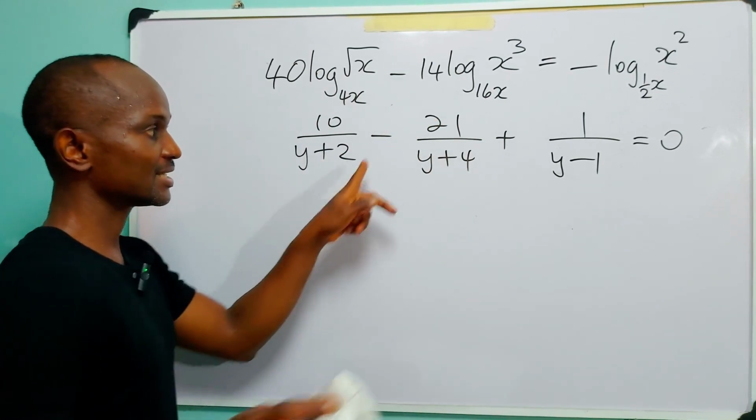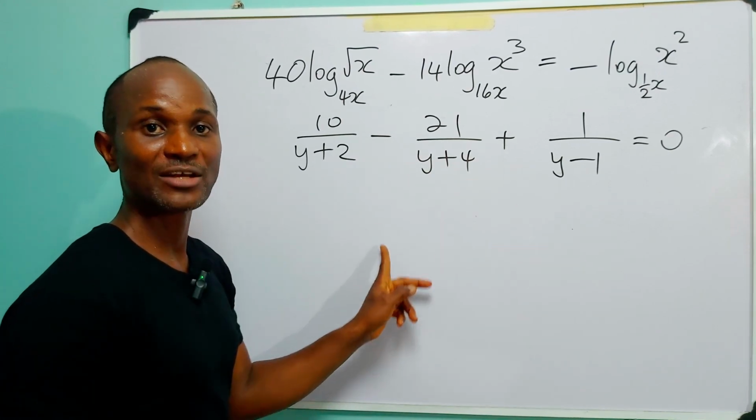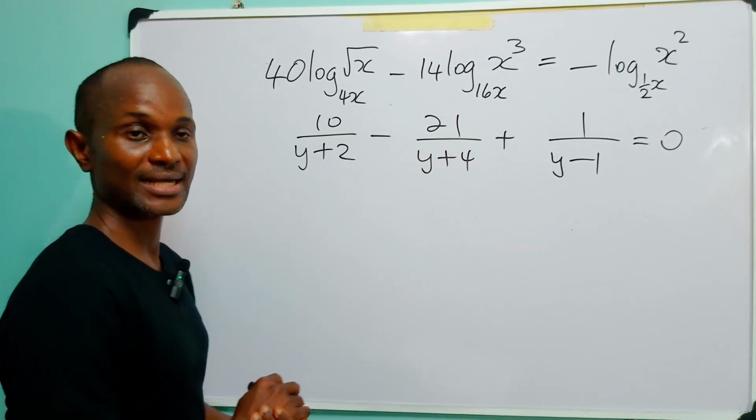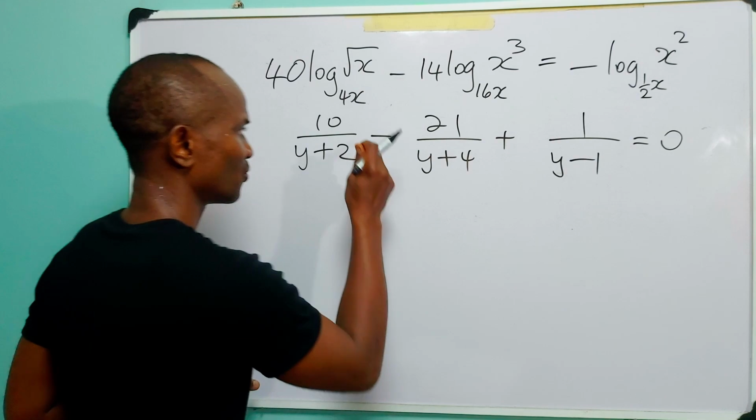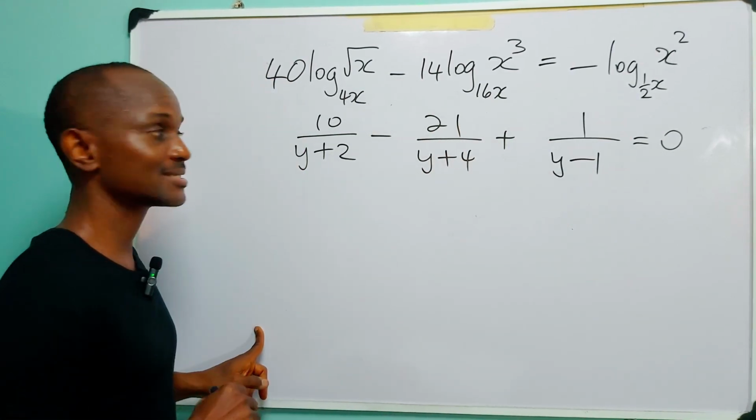So now this is the equation we have to solve to get values of y and hence values of log₂ of x. Now, to solve this equation, we need to combine these 3 fractions into one single unit, and this is how we do it.